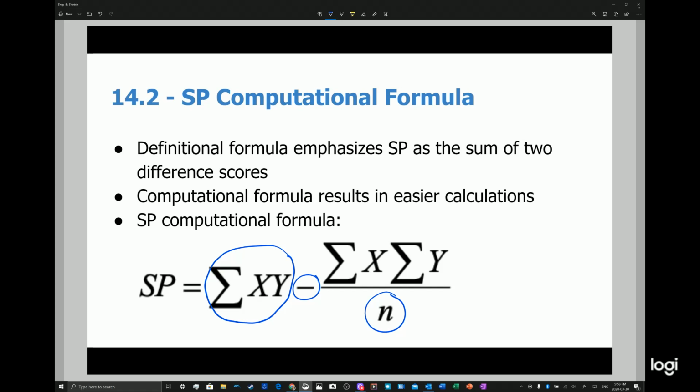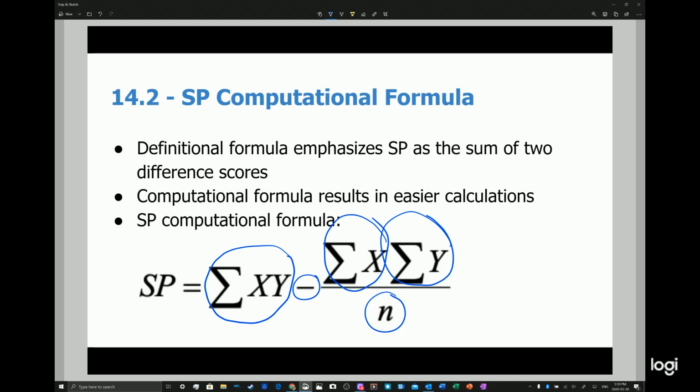So here you got your sigma x and sigma y, and we use only one n here because you're measuring the same group but with 2 variables, so the sample is the same. This is kind of like a repeated or related sample study. So this is the computational formula, and you don't need to get all the deviation scores using the computational formula.